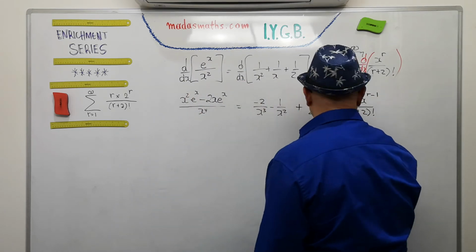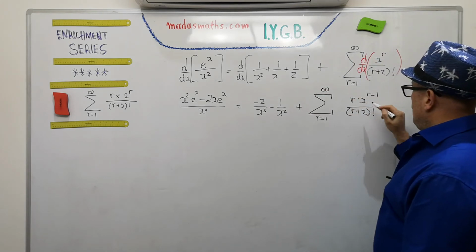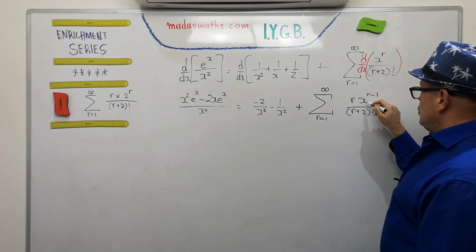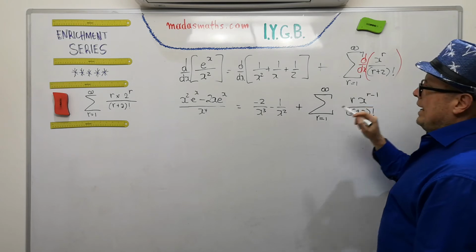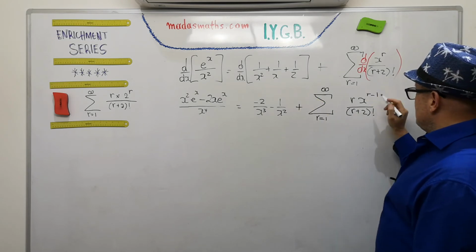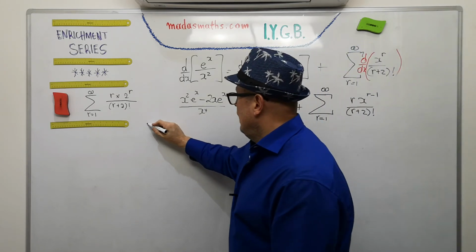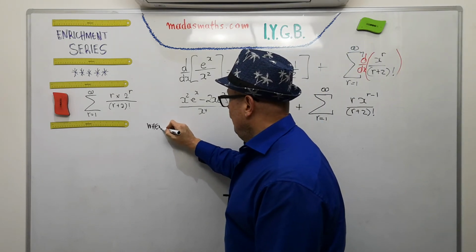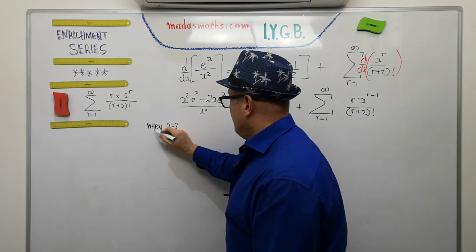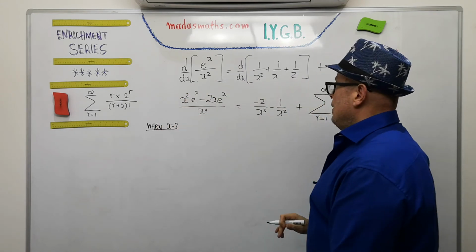So at the moment, this is looking rather good, because if I put x is equal to 2 in there, I'm almost getting what I need, but for an extra bit, which I will deal with. So let's do that. When x is equal to 2, I'm going to have to do that to the entire equation.